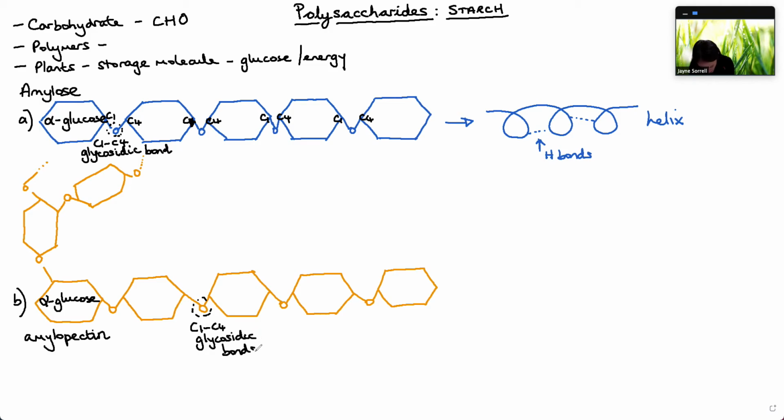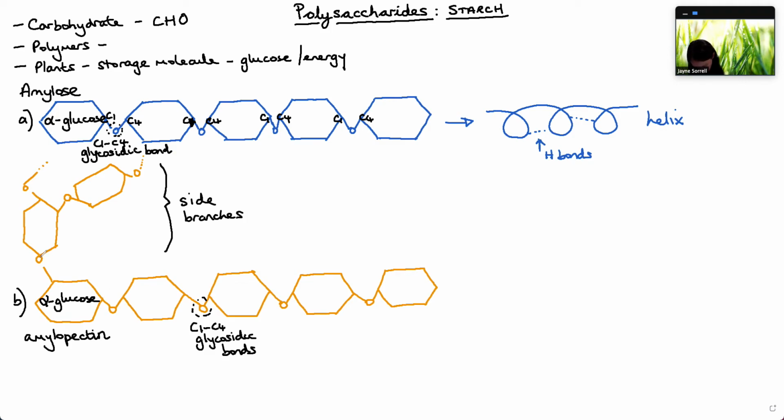So the main chain, the straight chain, is the same as in amylose. However, there's one main difference, and that is these side branches. Amylopectin has side branches. It's quite highly branched. I've only drawn one branch, but it will have multiple branches off this main chain.